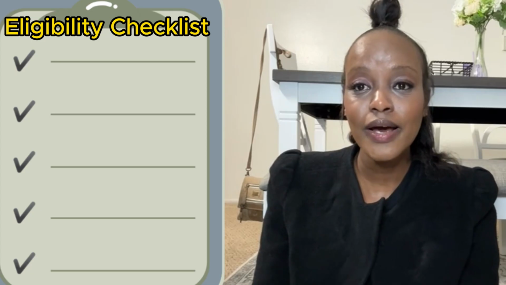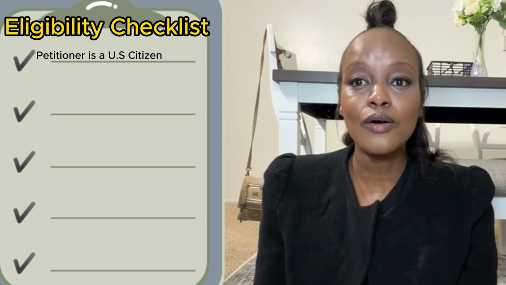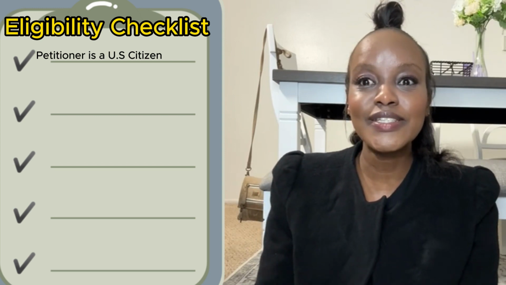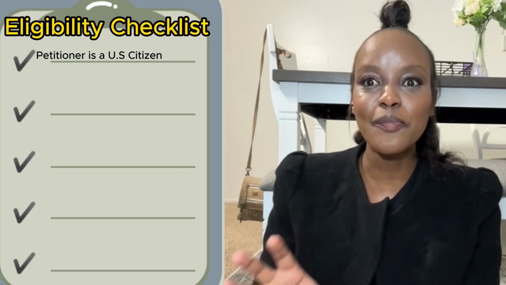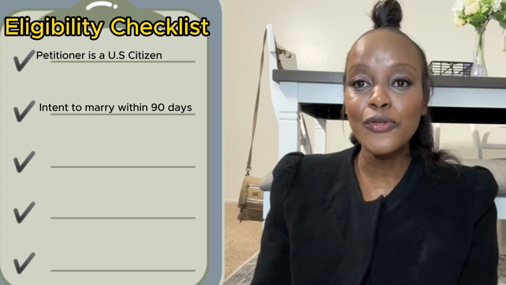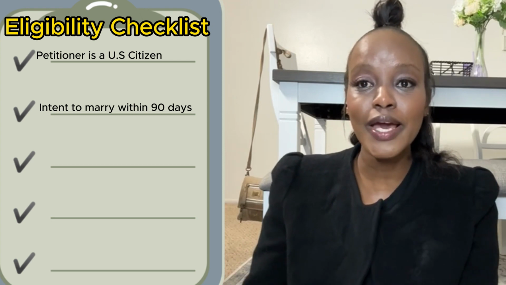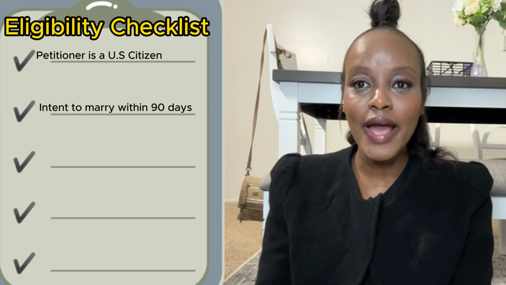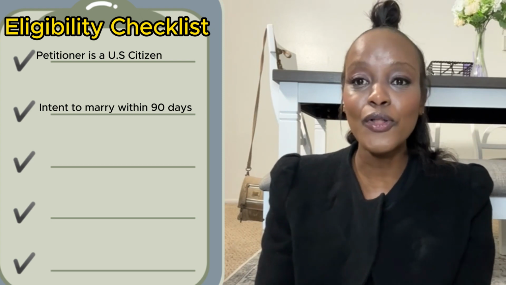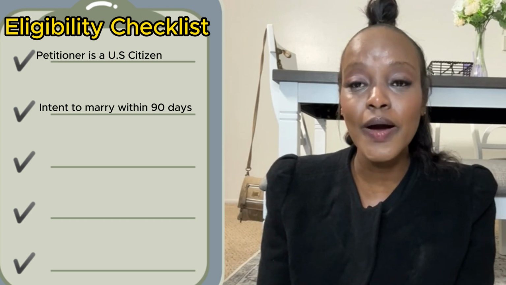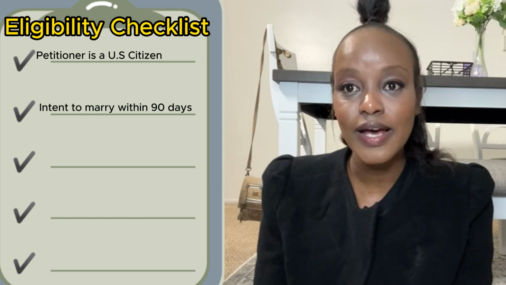One, the petitioner, who was my then fiance, is a US citizen, which is a very important requirement. Secondly, both of us intended to get married upon my arrival to the United States. We both were intending to get married within 90 days as per the stipulations.